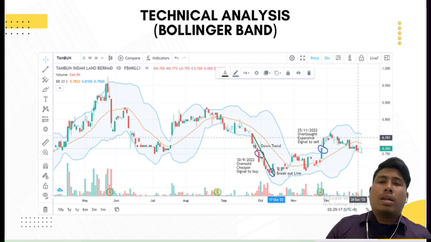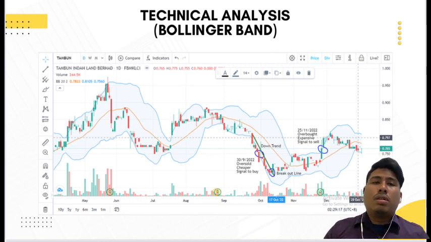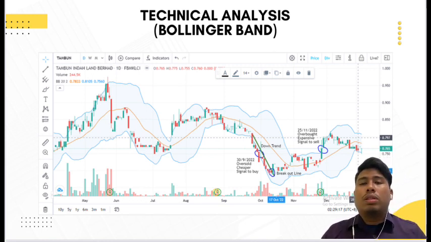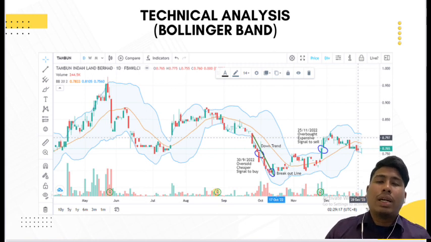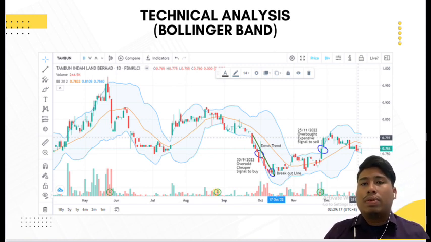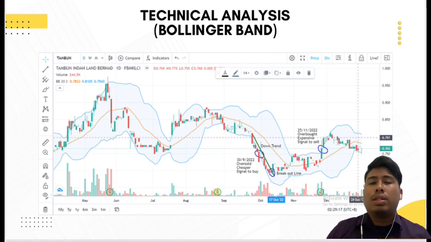And on 13 September 2022, the price reached the lower band and the share was oversold and the price was cheaper, so it is a signal to investors to buy the share.